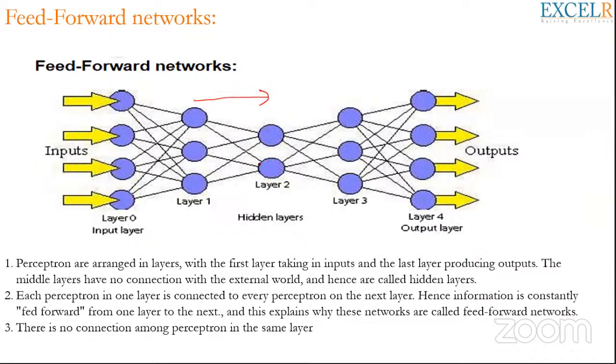The connection goes from a neuron to all the neurons in the next layer, and a neuron receives connections from all the neurons in the previous, adjacent layer. There is no connection between neurons within the same layer. That is not allowed. And this is called a feed-forward neural network.